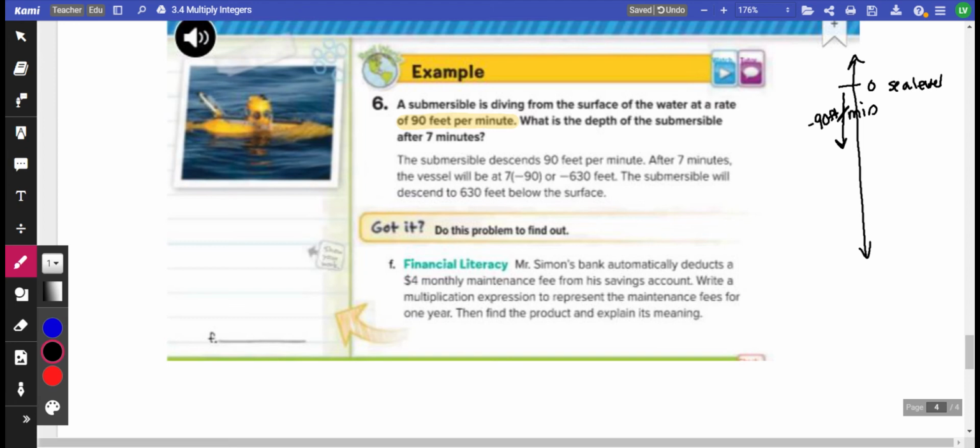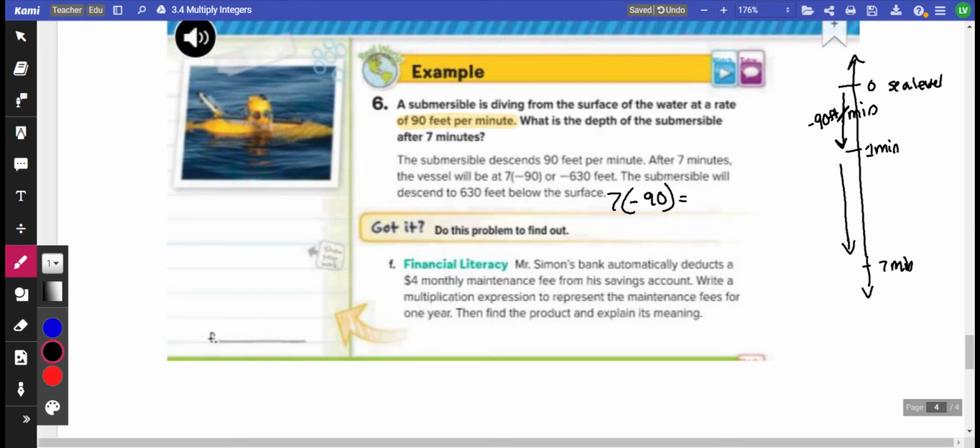And then it wants to know the depth after 7 minutes. Well, this is going to be after 1 minute. If we want to know all the way down here to where it's going to have 7 minutes, we're going to solve that by multiplying negative 90 times 7, because the 7 represents the minutes and it's going down negative 90 feet per minute.